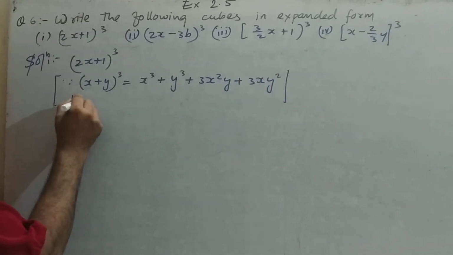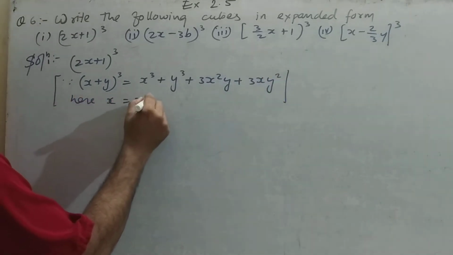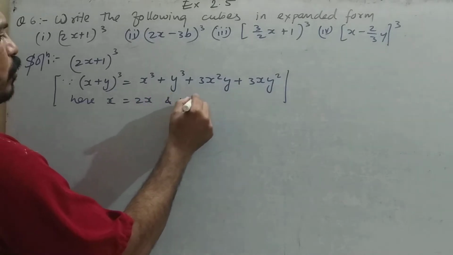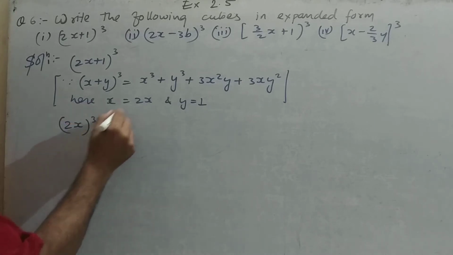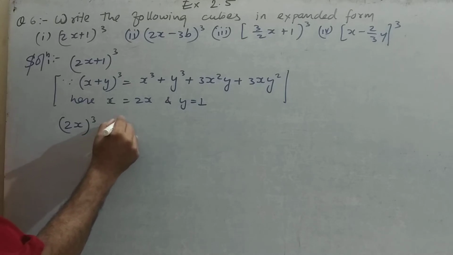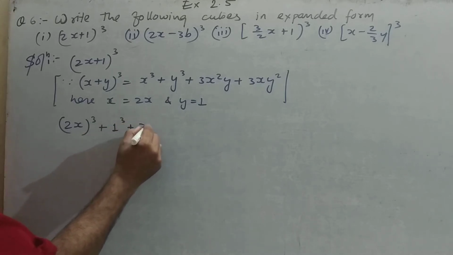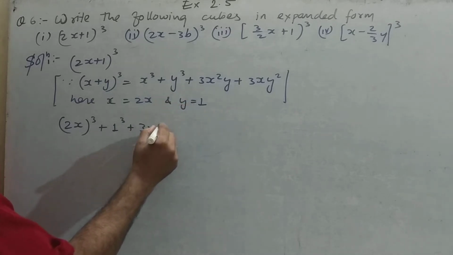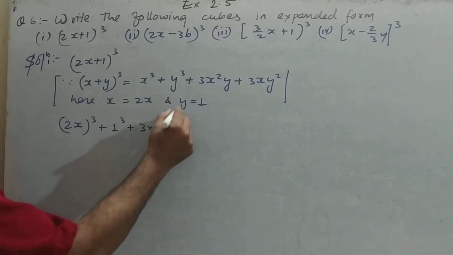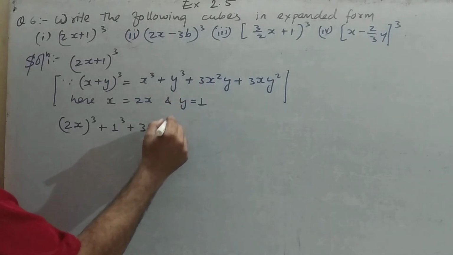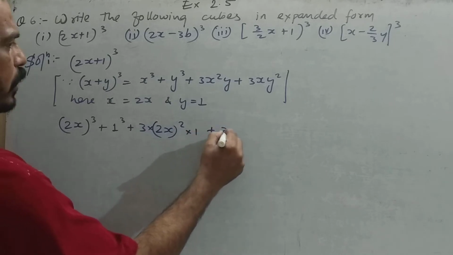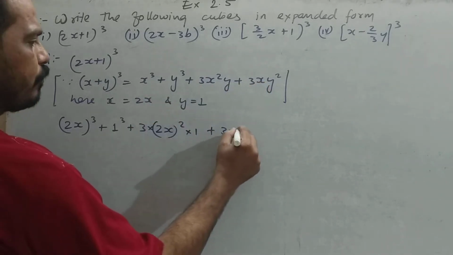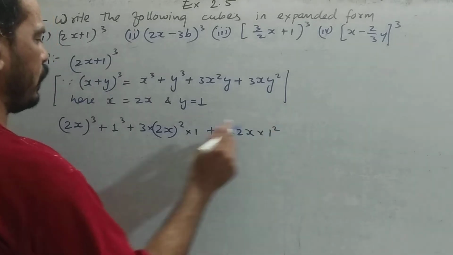Now here x is equal to 2x and y is equal to 1. x cube means (2x) whole cube, y cube means 1 cube, plus 3 into x square means (2x) whole square, into y means 1, plus 3 into x means 2x, and y means 1 square.